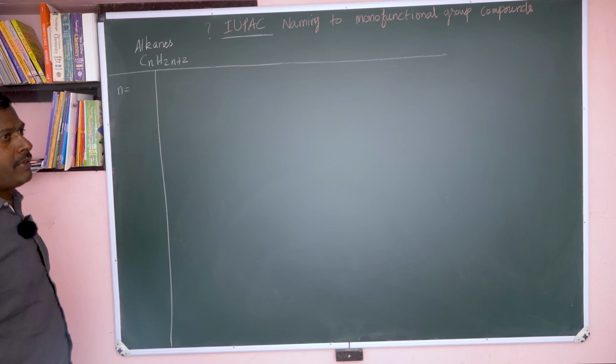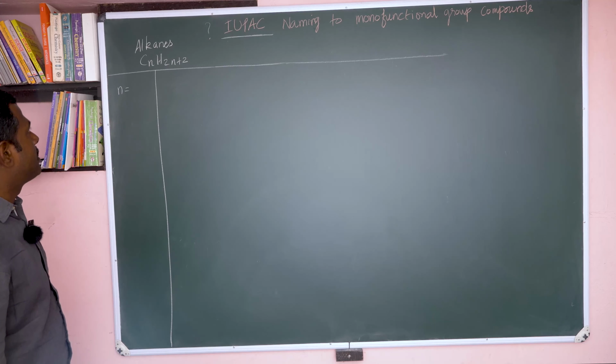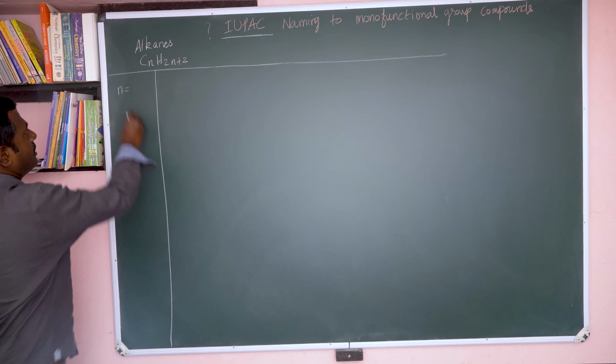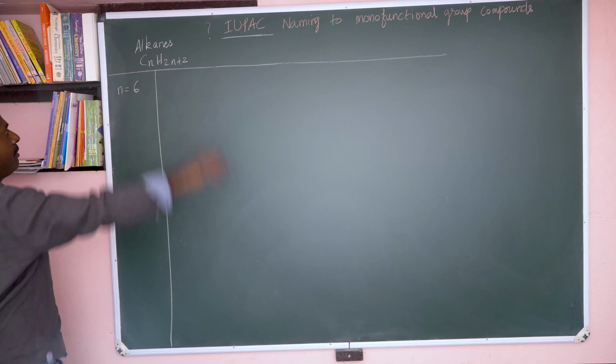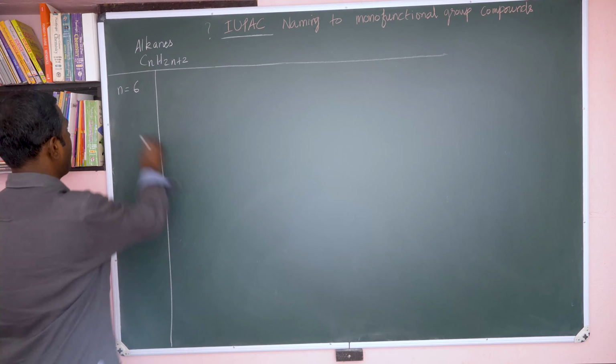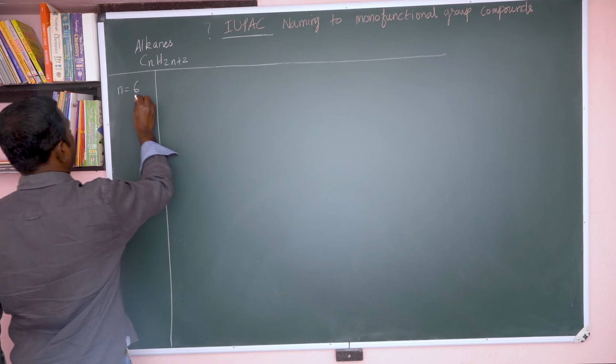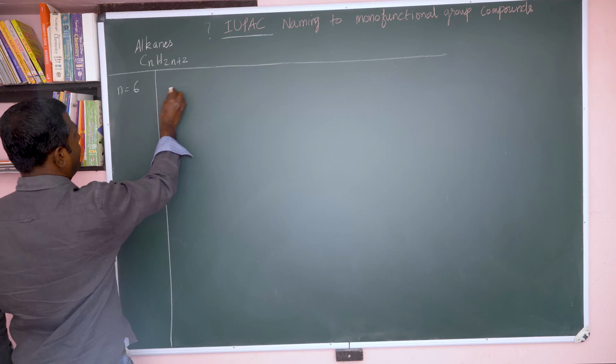In the previous classes, we have given values for n up to 5. So in this class, let us start with n as 6. If you give the value for n as 6, then what will you get?